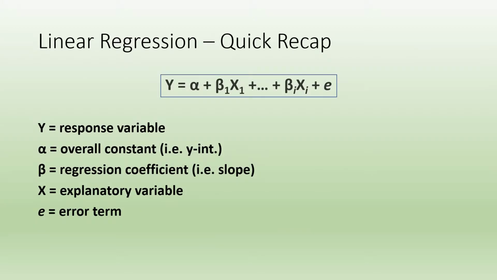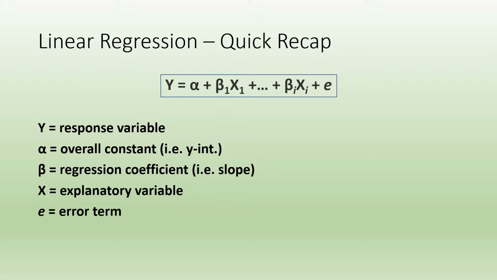Before we move on, I just want to give everyone a little recap on linear regression. At the top here, I've added an example of a linear regression equation, and I've broken down each component we see in that equation below. Starting with y, that is the value of our response variable. Alpha, which in other equations can be labeled beta sub 0, is our overall constant coefficient, and it's also the y-intercept.